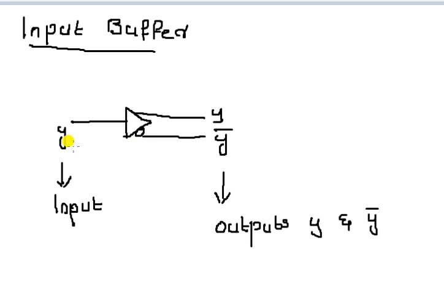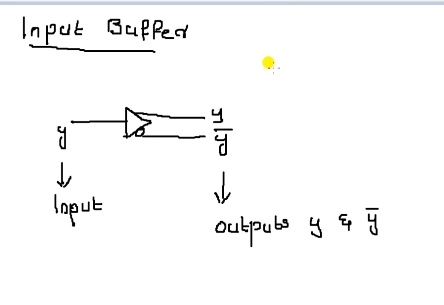We have Y as an input and after a buffer we get the outputs like Y and Y bar. Using this circuit, we can represent the input buffer in programmable logic arrays. Here the outputs are Y and Y complement.